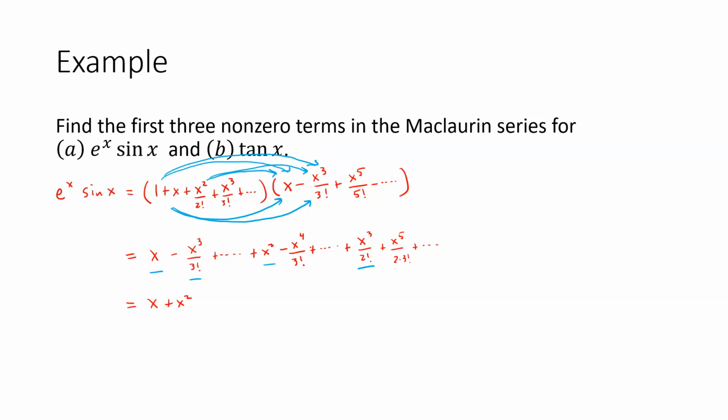So we'll have 1/2 minus 1/6, which will be 1/3. And then a bunch of higher degree terms. Okay, so they're just kind of distributing out the first few lower degree terms. We get the first 3 non-zero terms of the Taylor series of e to the x sine x.